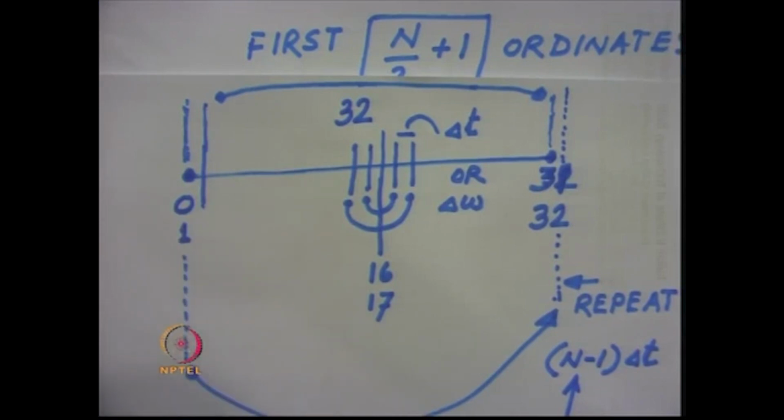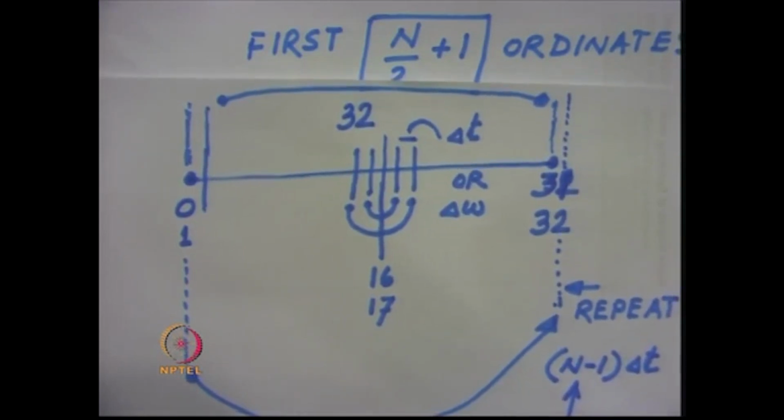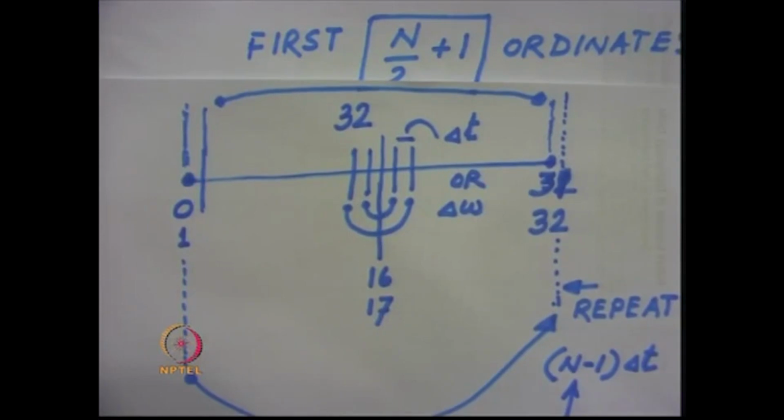I solved a problem in connection with the Fourier series analysis of the ground motion in order to find out the Fourier spectrum. Let me again repeat it a little bit for your recapitulation.